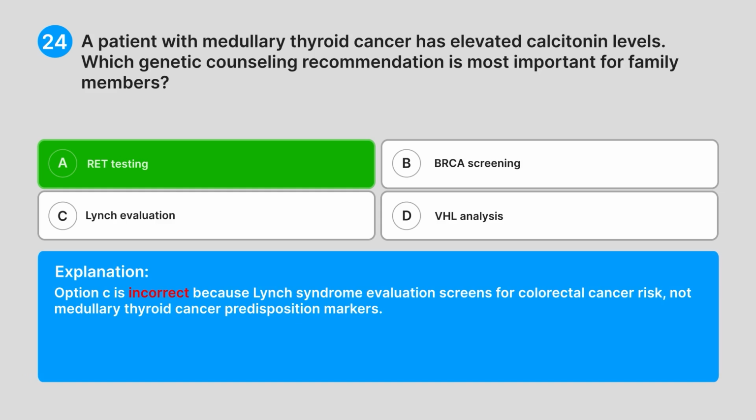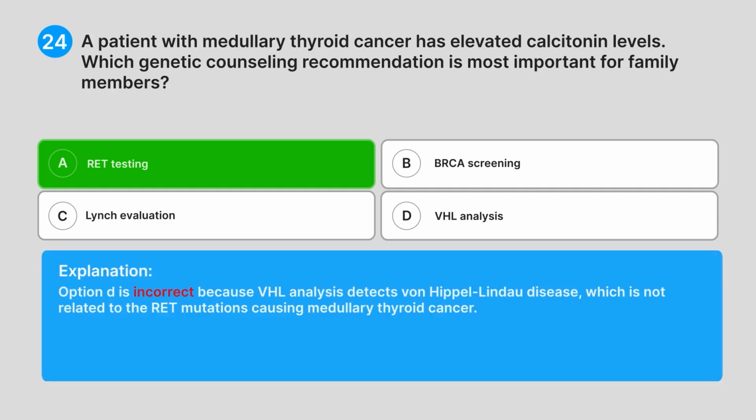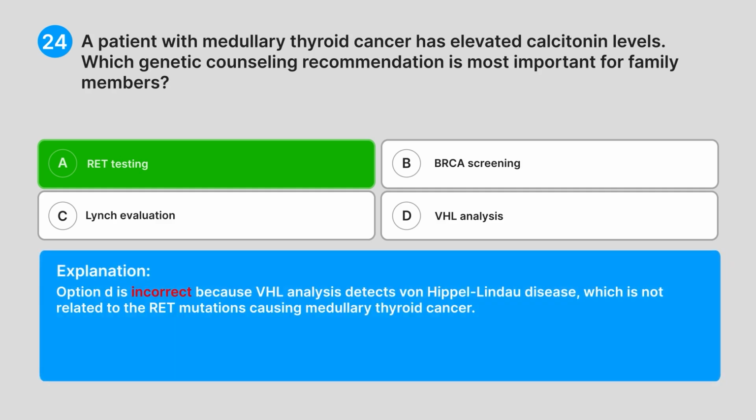Option C is incorrect because Lynch syndrome evaluation screens for colorectal cancer risk, not medullary thyroid cancer predisposition markers. Option D is incorrect because VHL analysis detects von Hippel-Lindau disease, which is not related to the RET mutations causing medullary thyroid cancer.